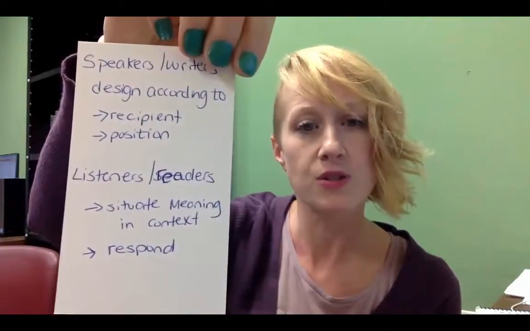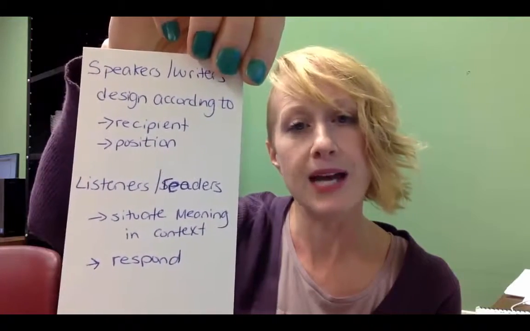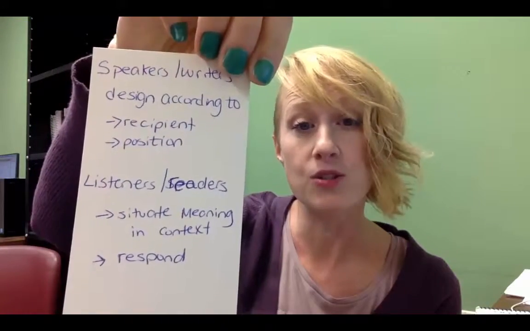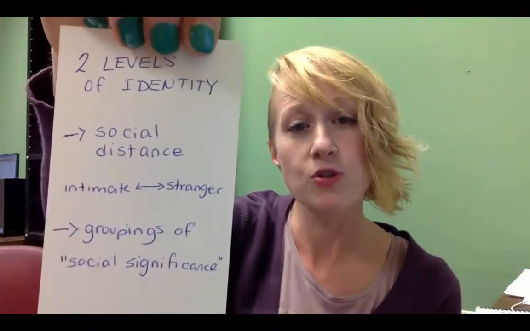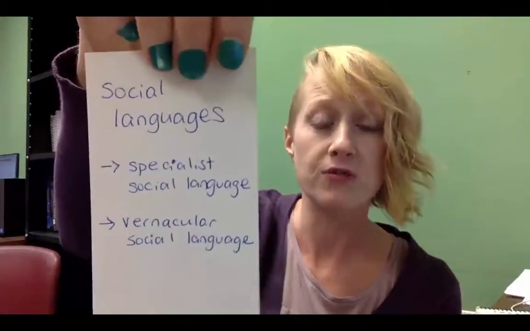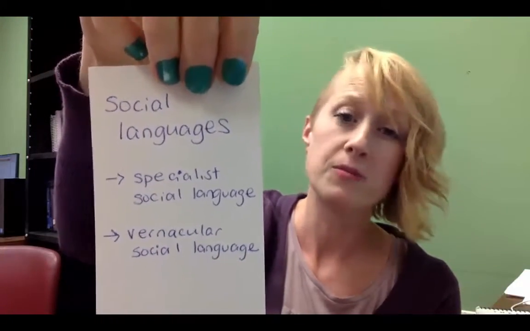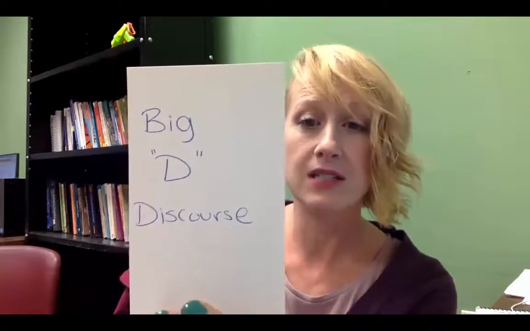So the key terms are identity, speakers and writers, listeners and readers, this idea of design and situated meaning. Again, looking at identity, we have social distance, social significance, and then social languages. If you notice, the word social comes up over and over in the way that Gee discusses discourse. He says that all of these elements come together into what he calls big D discourse.